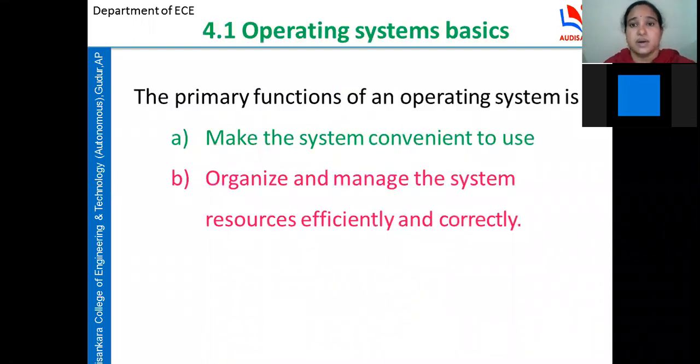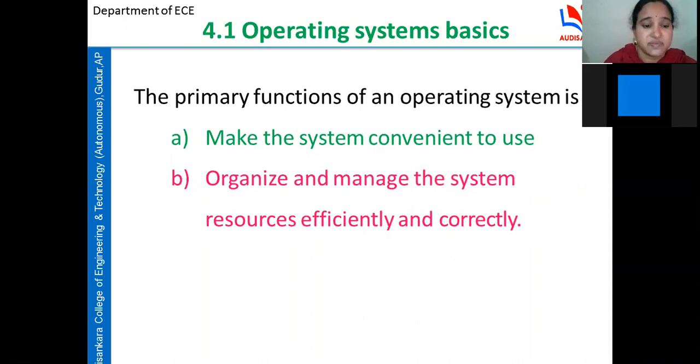Before that, today we are going to discuss some basics regarding operating systems. What may be the definition of the operating system? An operating system is nothing but a bridge between the system hardware and system software. It acts as a bridge between the system software, system applications and the system hardware.